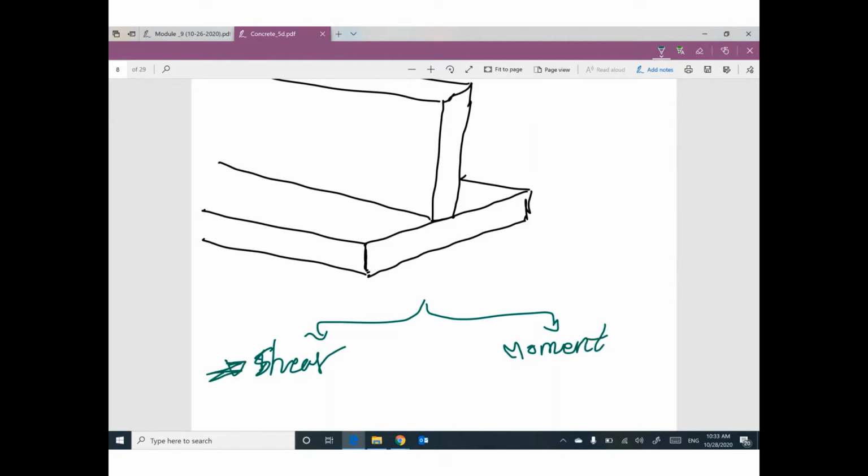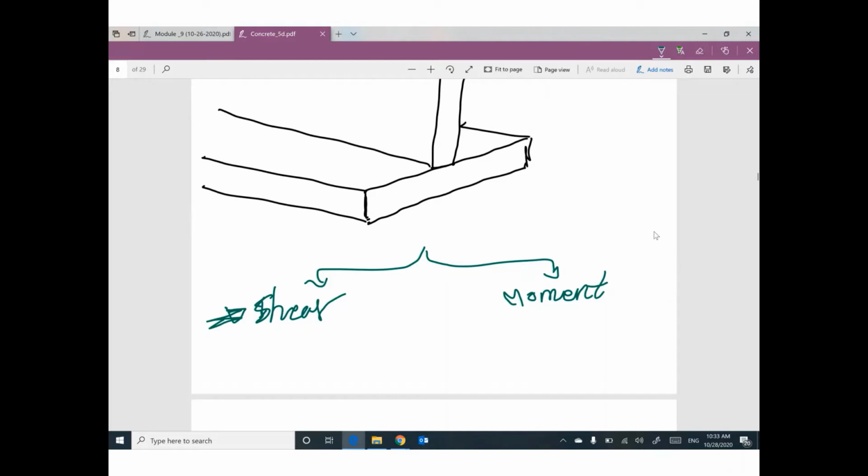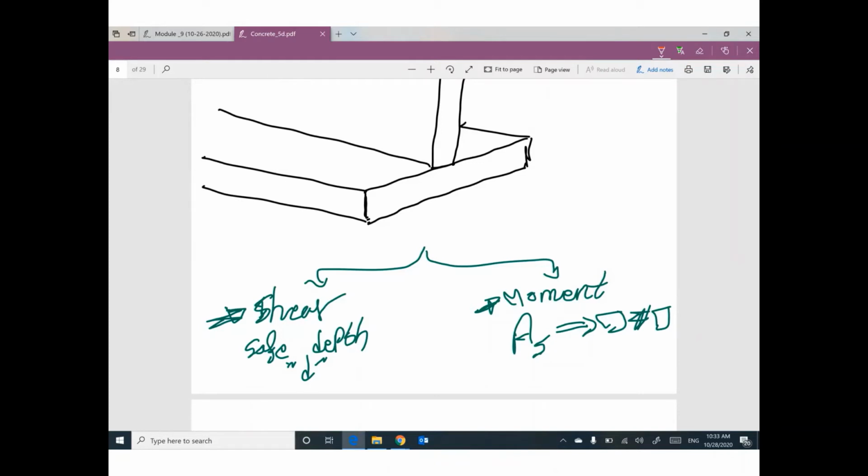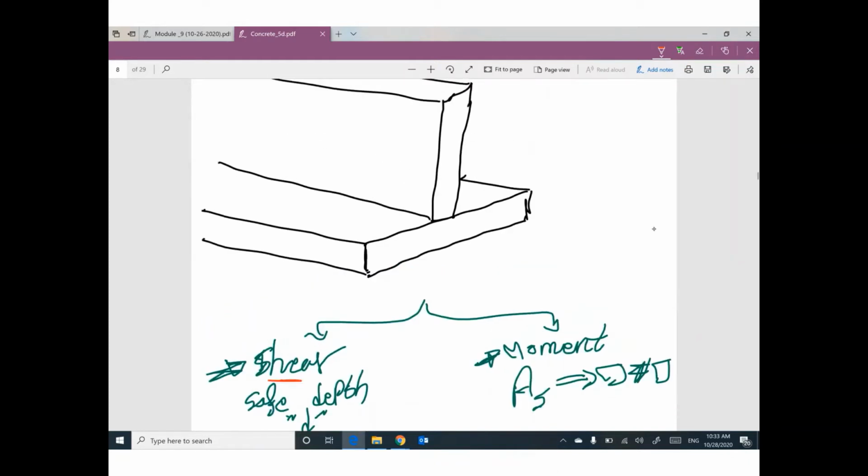The issue for shear will give you a safe depth, D. Moment will give you the required area of steel and then the number and the size of bars. Make sure you are understanding this point carefully. If you are talking about shear in footing, you have to measure a distance from the face of the wall, distance D, and draw a critical section.